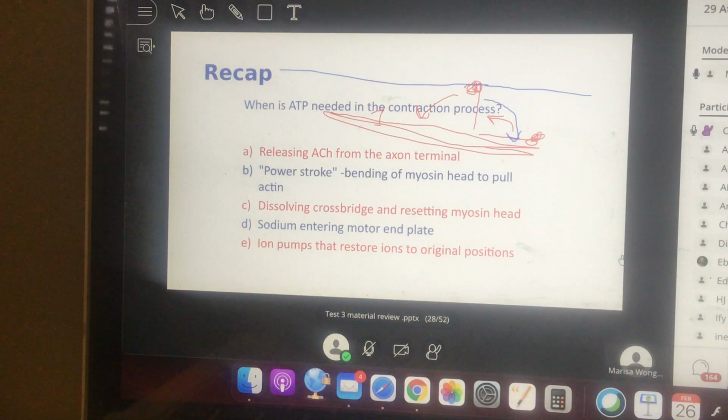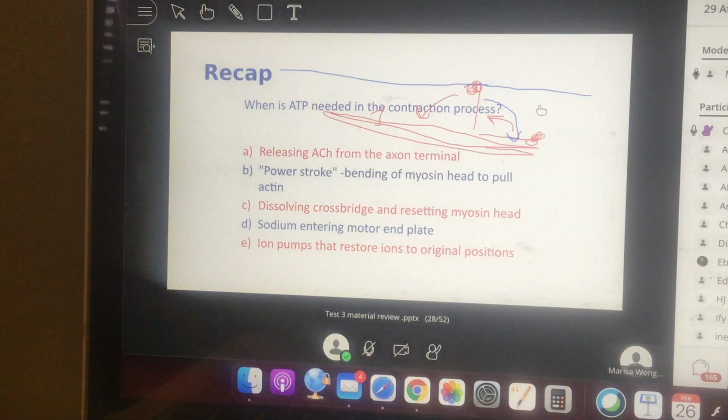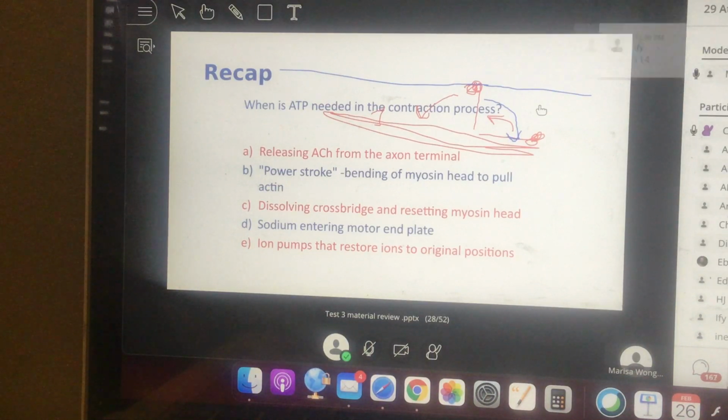Okay, so what happens there? Let me pull up my other diagram to explain better. What happens during the power stroke is that the ADP gets kind of kicked off of the myosin head. So let me pull up a picture of it so we can talk about it.